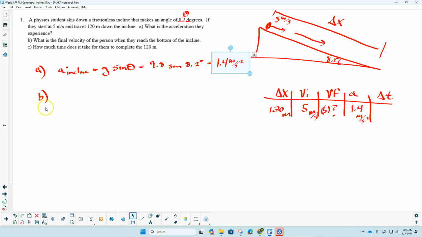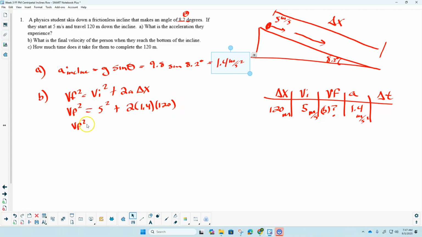So we want an equation with final velocity that doesn't have time, so that's vf squared equals vi squared plus 2a delta x. We plug into that: vf is what we're looking for, vi is 5, make sure you square it, 2 times a is 1.4, and delta x is the 120.